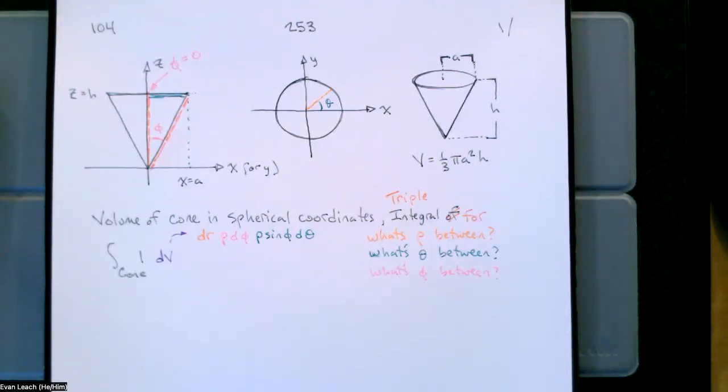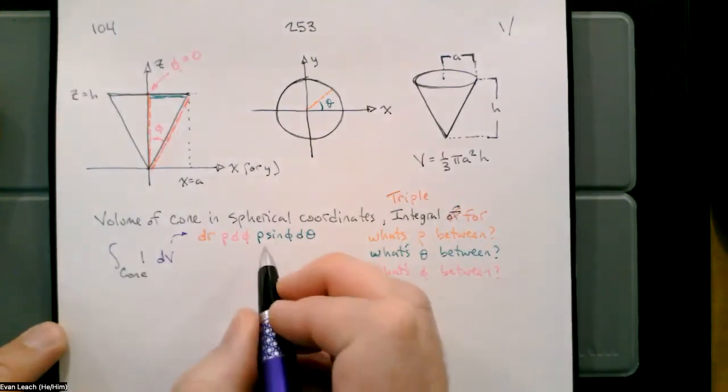All right. So we're going to be integrating over the cone where we're just describing what's rho between, what's theta between, and what's phi between. We're going to integrate the function 1 with no units. The units are all going to come from dV, which is rho squared sine phi d rho d theta d phi. So to summarize our dV, I've got my arc length factors, rho and rho sine phi.